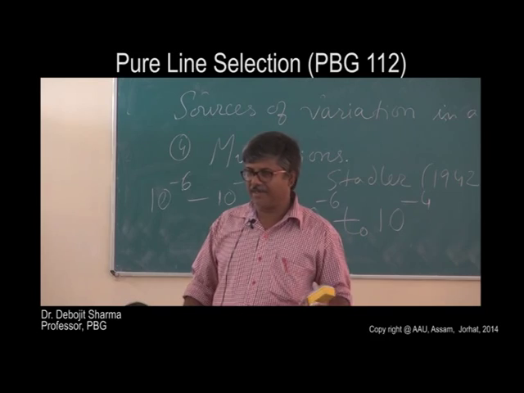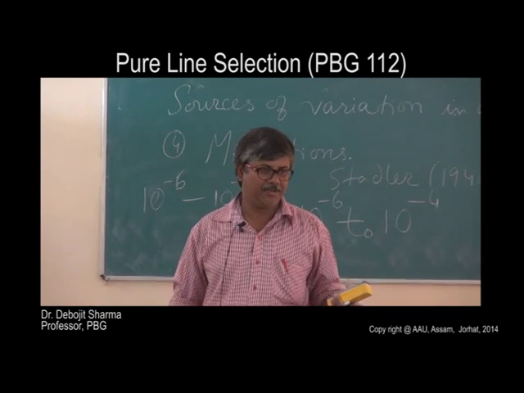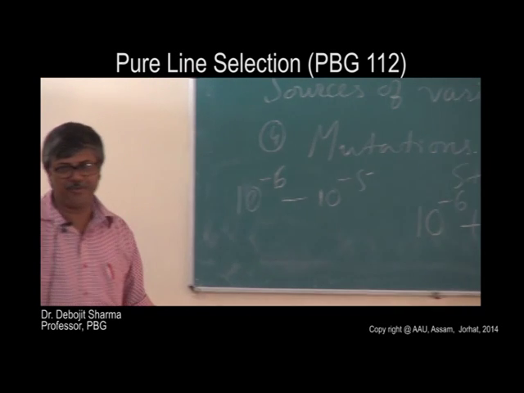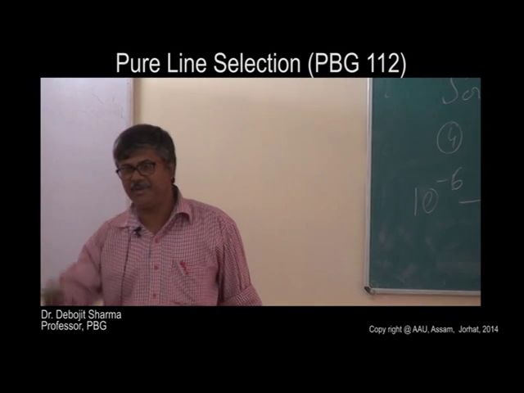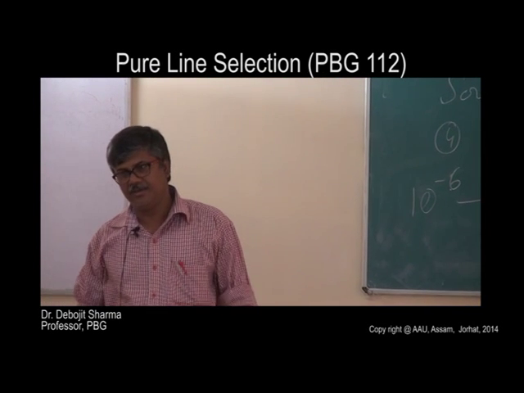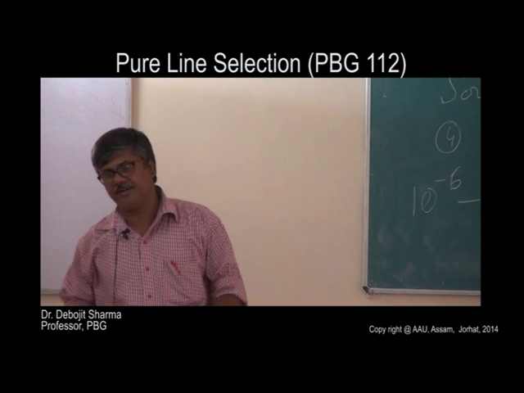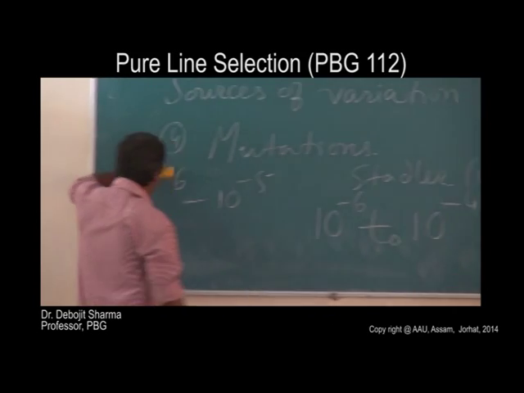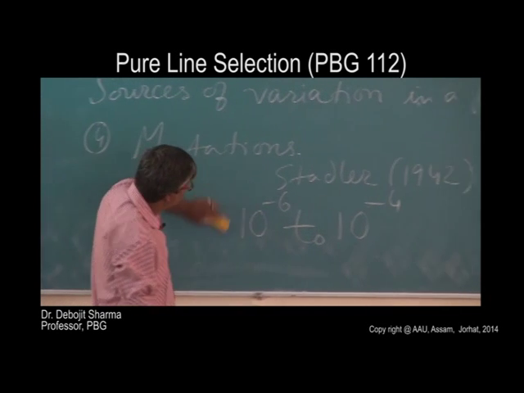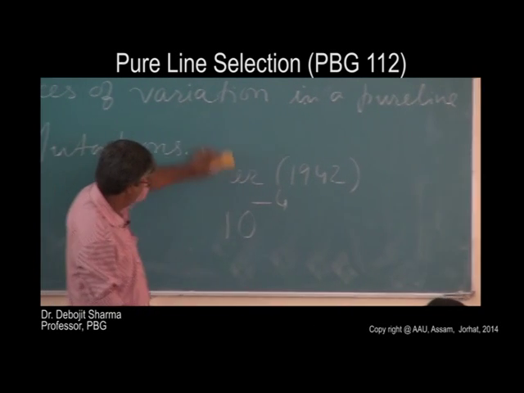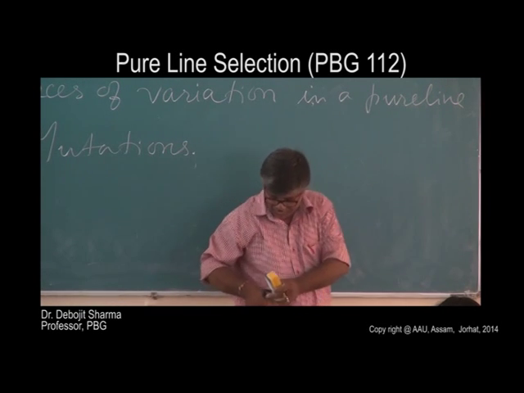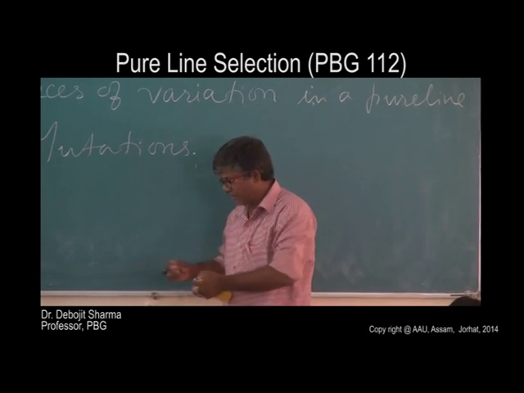If one character gets mutated, it may again revert back to the original character sometime in the future course of evolution. So that is why mutations in a short period of time may not be important, but in the long run, mutation may be important.